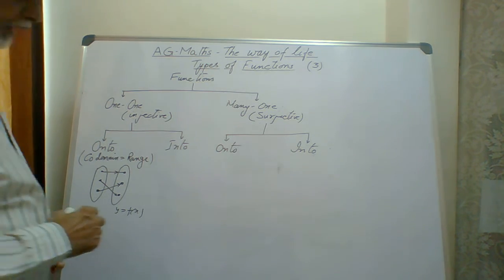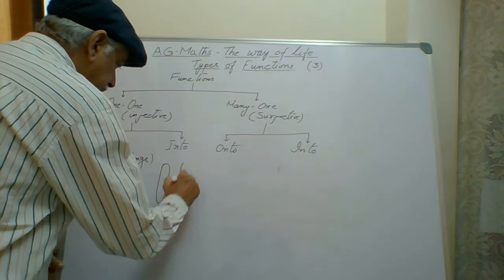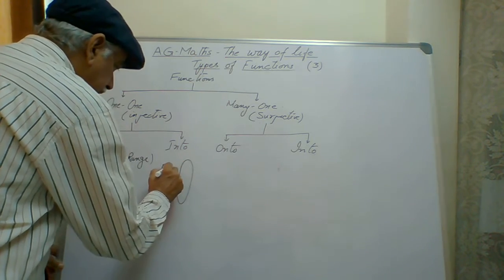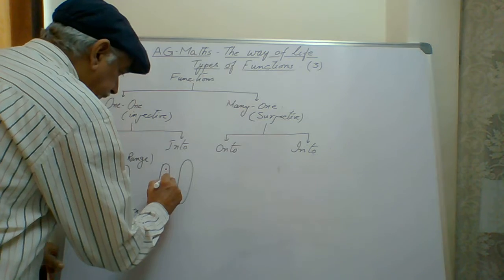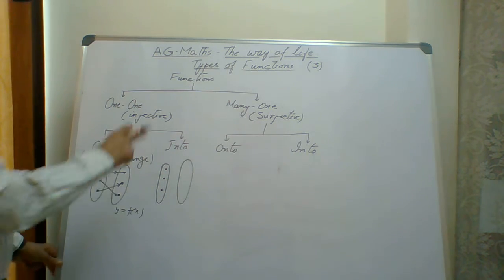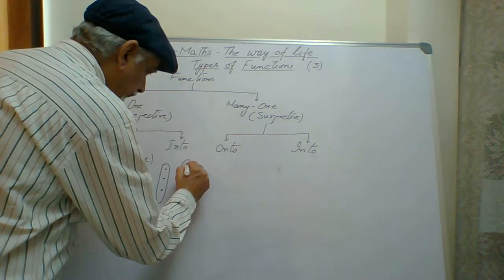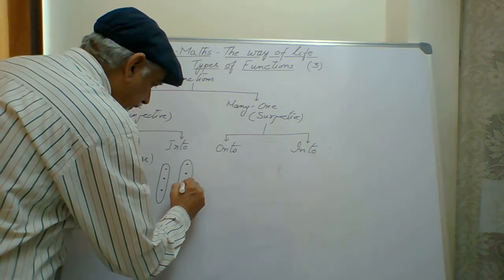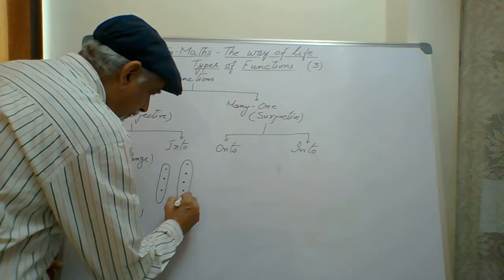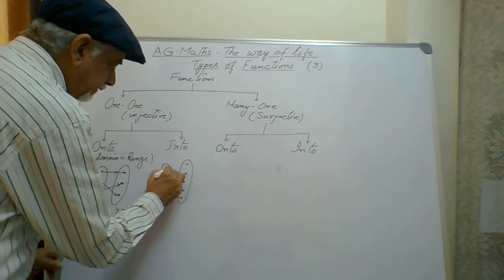Now if I come to into, it will have a little difference from here. Suppose the same X has three elements here, but in the codomain we have one or two extra. Instead of three, we have say five elements here, and we have connections only like this.